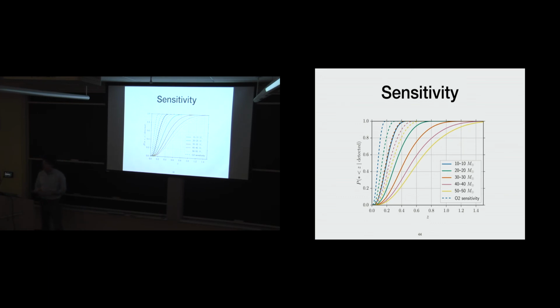We can't see 50-50 mergers beyond a redshift of 0.6. But you can either consider this some kind of measurement of the local universe or a warm-up for design sensitivity, early 2020s, where you can see a 50-50 merger out to redshift 1.5. And then things get a little bit more interesting.